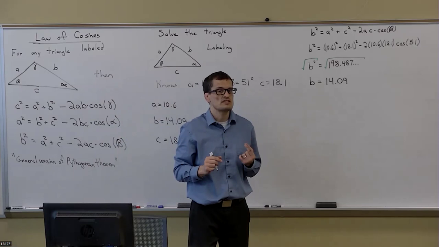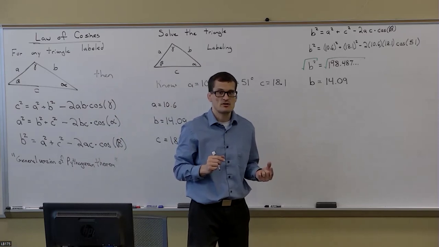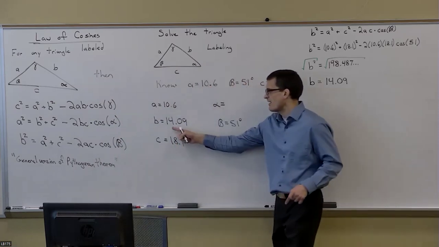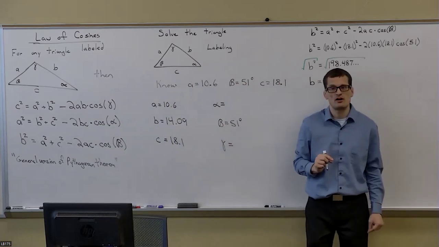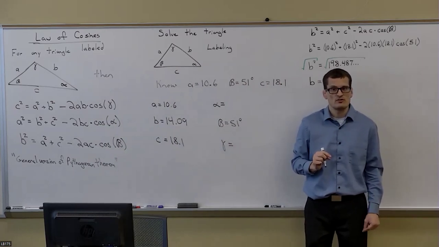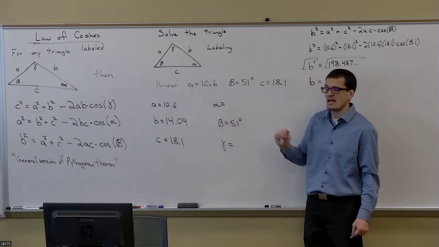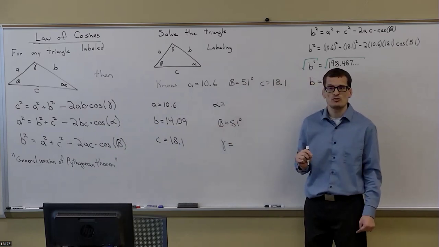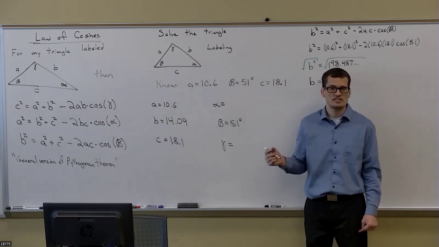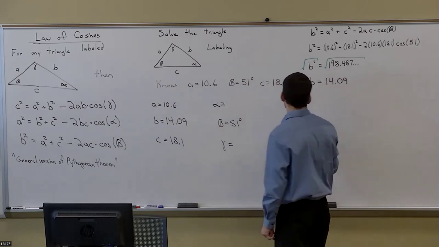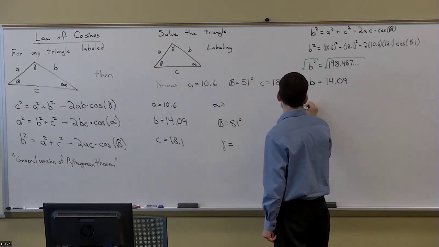So I usually take the easier path, which is saying, now I have the B beta ratio for the law of sines. So I'm going to use the B beta ratio to find alpha using the law of sines. That's usually the easier way to do it.